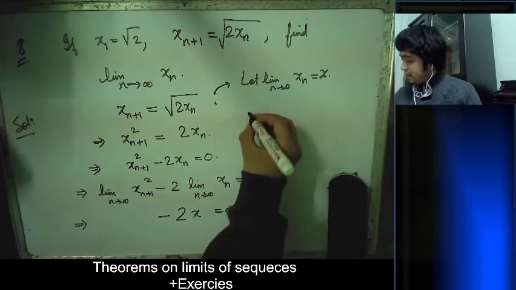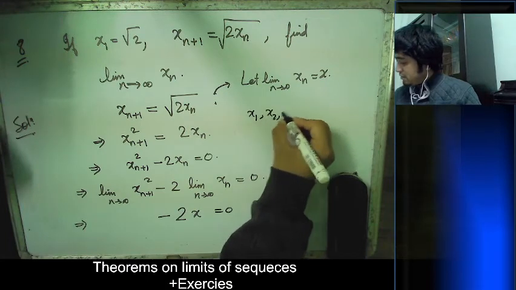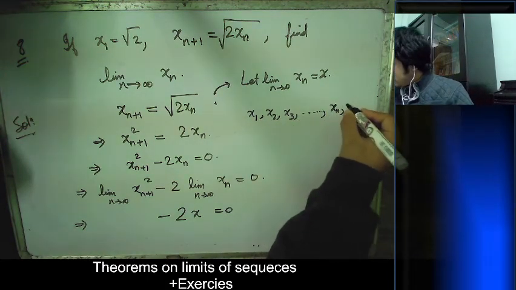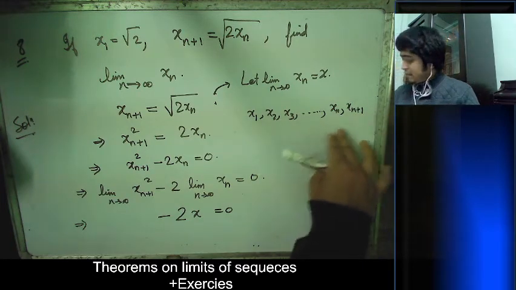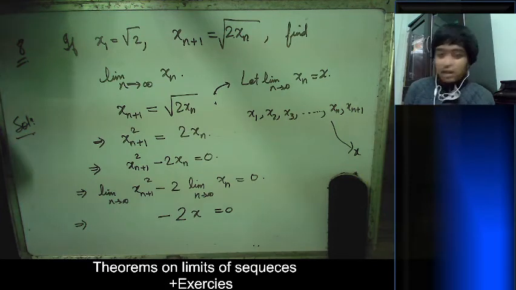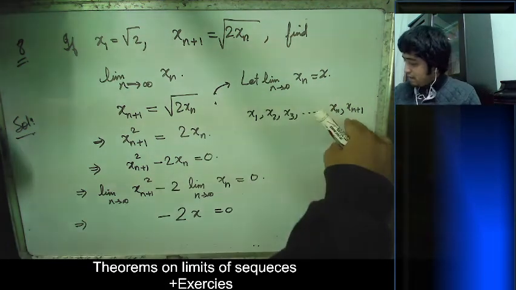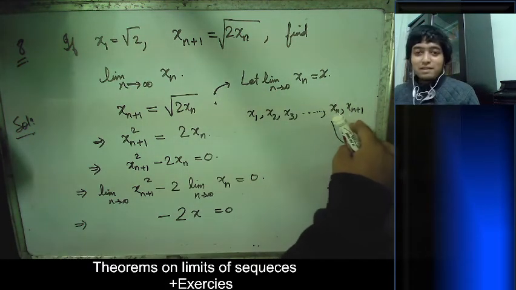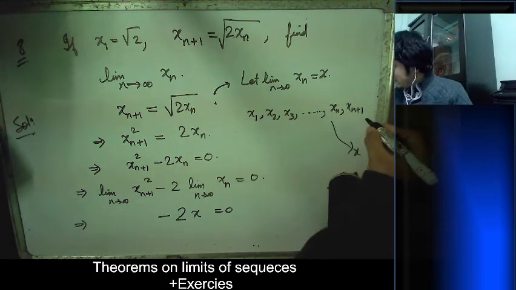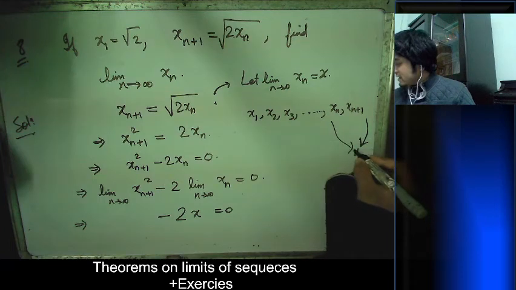Just think, x1, x2, x3, and so on, xn, then you can also have xn plus 1. If xn converges to x, then xn plus 1, if you put n equal to infinity, it won't matter. It will also converge to x.